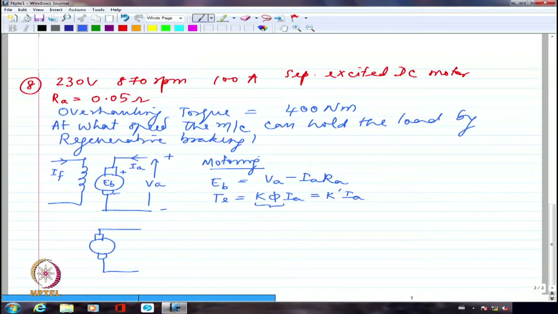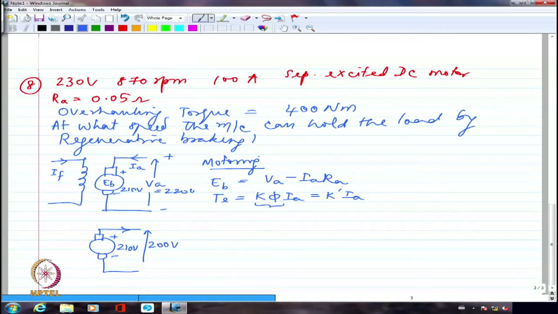If VA is decreased and EB happens to be greater than this decreased VA, originally maybe I had 220 volts here and 210 volts here, which is EB. Maybe I have decreased this now to 200 volts by removing 120 volts battery. And I am not going to definitely have the speed decreased immediately. That's not possible because there is inertia. So I am going to have this to be still 210 volts with plus here and minus here. So what will happen is the current will start flowing in the opposite direction.